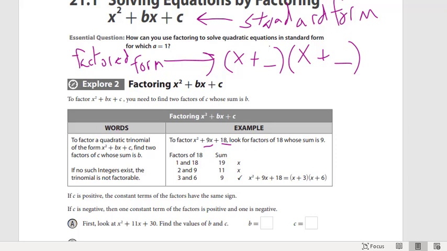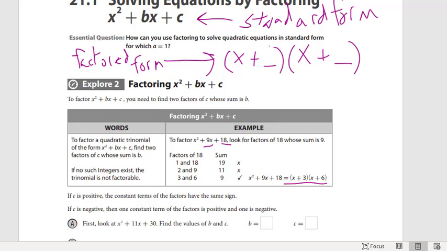Then when we add them together, 1 plus 18 is 19, so that's not going to work. 2 plus 9 is 11, that's not going to work. 3 plus 6 equals 9, so that does work. The idea is they have to add to b, but multiply to get c.